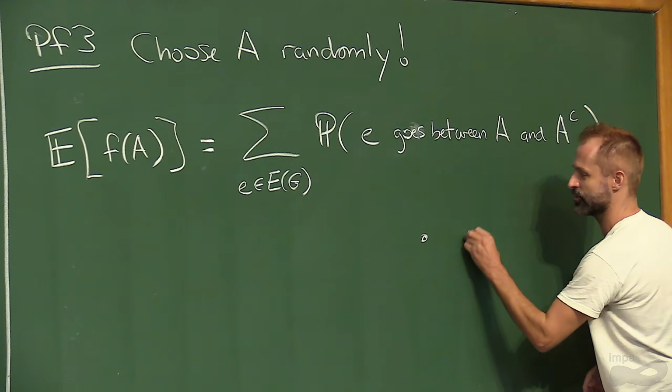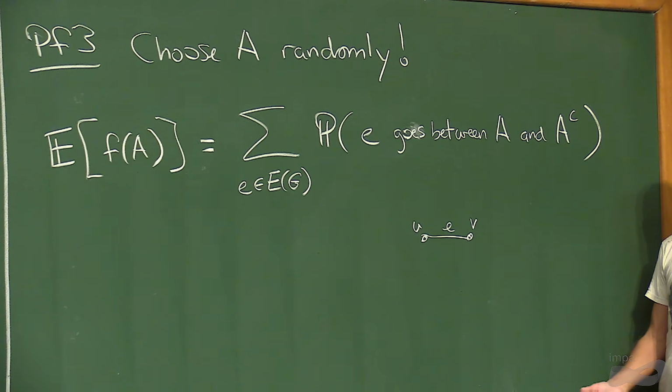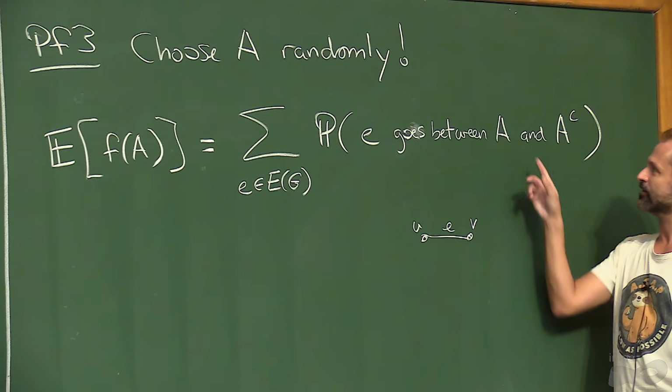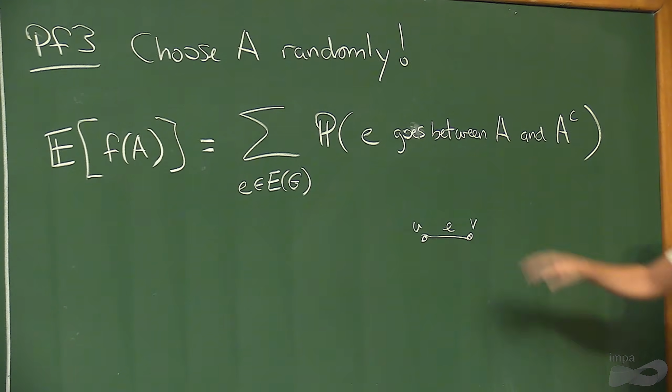You've got this edge, UV, calling it E, and you're picking a random set A. So how can this edge have one endpoint in A and one in A complement? Well, when we choose A randomly, meaning uniformly at random, that's the same thing as for each vertex tossing a fair coin independently to decide if it goes in A or A complement. Every vertex is in A with probability of half, and A complement with probability of half, and they don't affect each other.